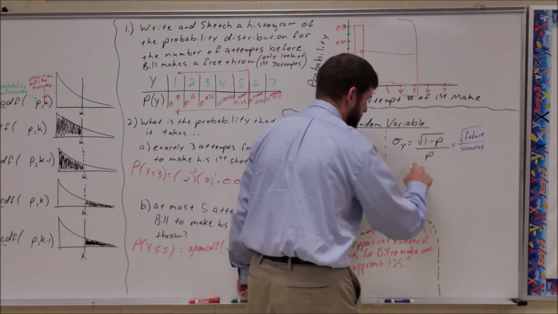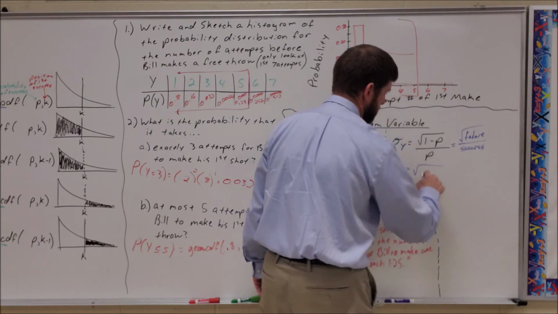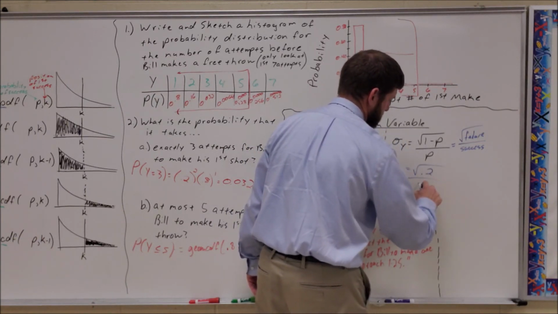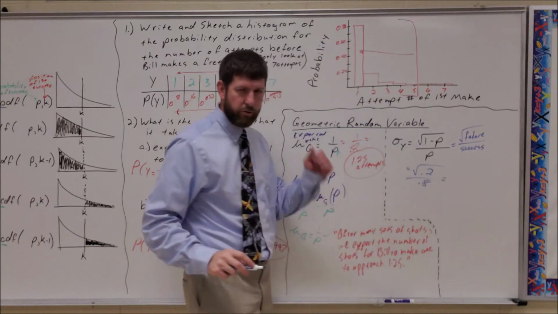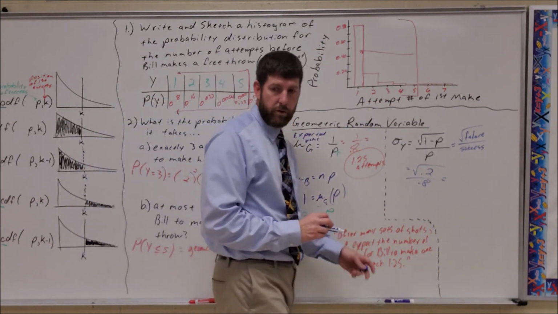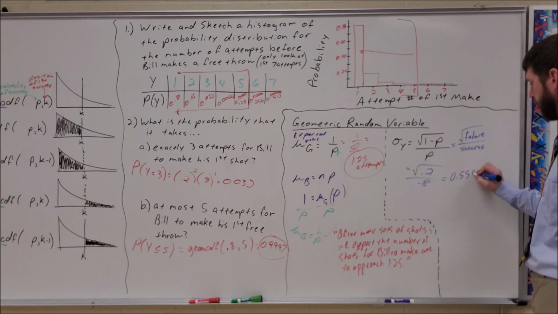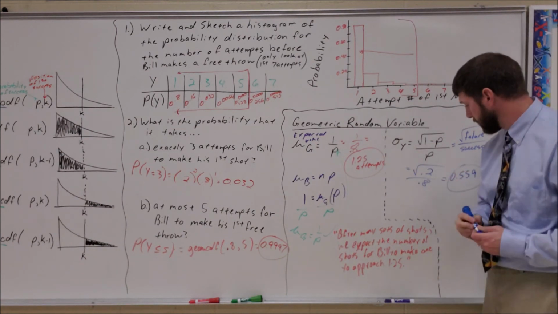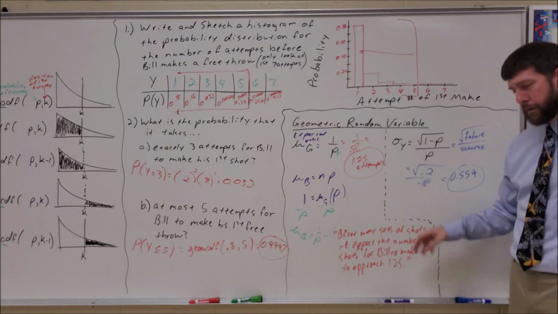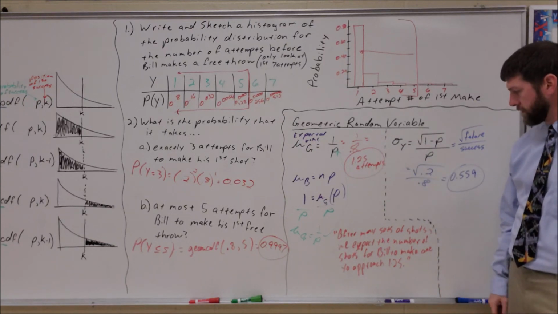So if we go into our calculations, failure was 20% of the time, success was 80% of the time. So square root of 0.2 over 0.8 is equal to 0.559. And that means the same thing standard deviation always means.